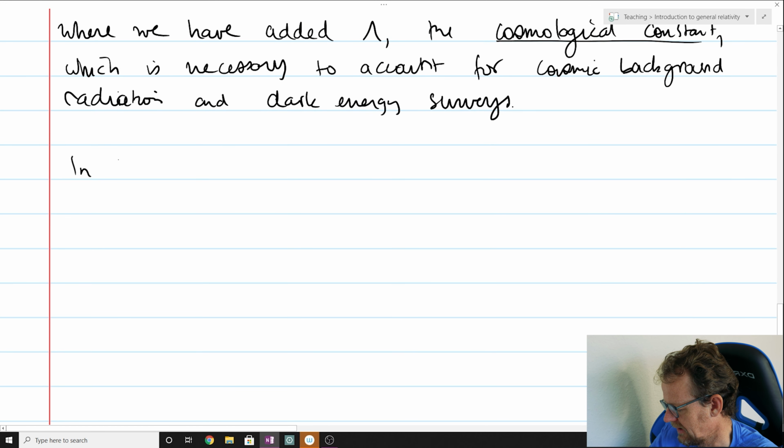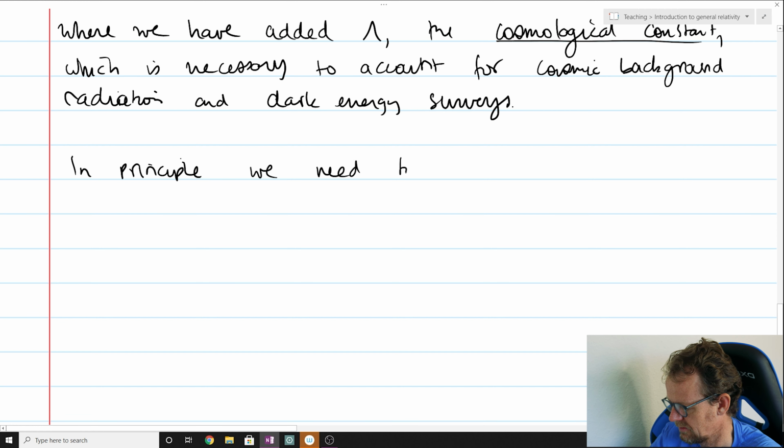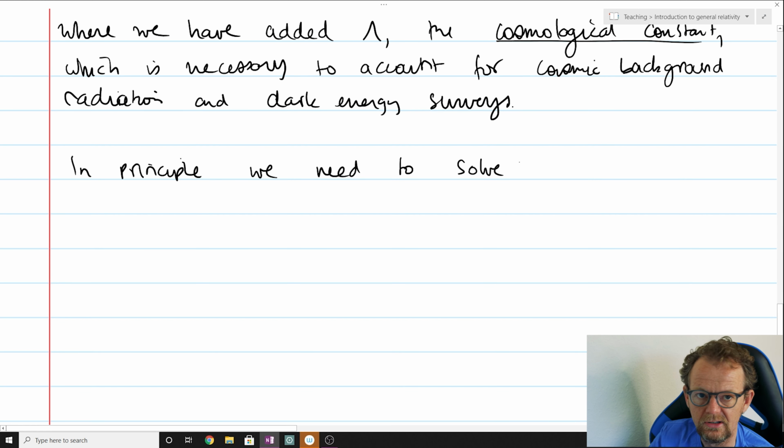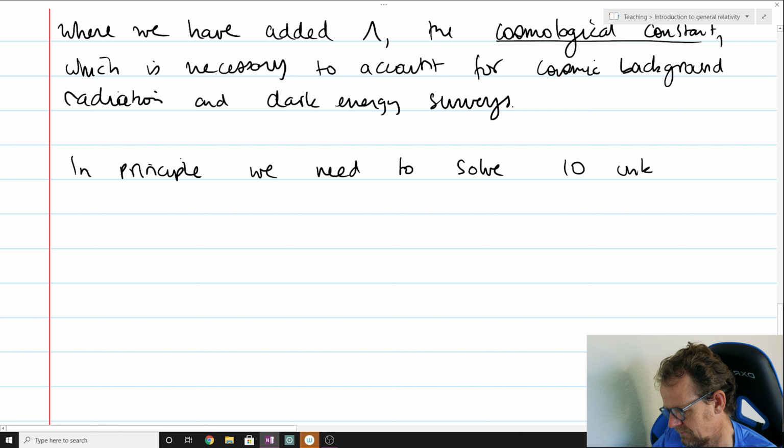So in principle, how hard is it to solve Einstein's field equations? Well, in principle, we need to solve 10 simultaneous, coupled, nonlinear, partial differential equations. And why 10? Well, the variable in Einstein's field equation is the metric.